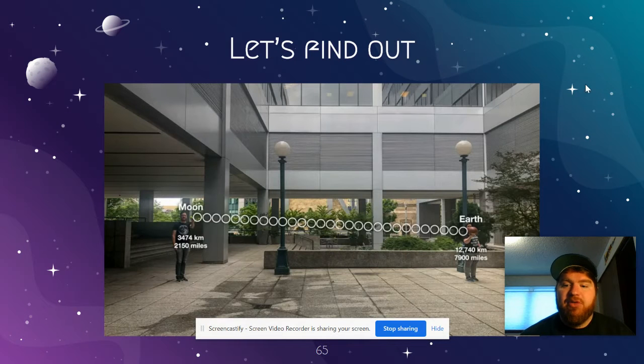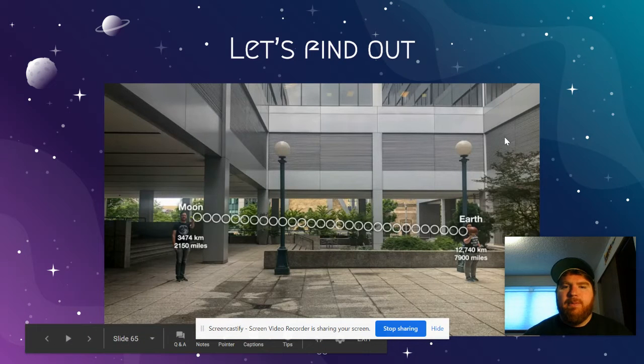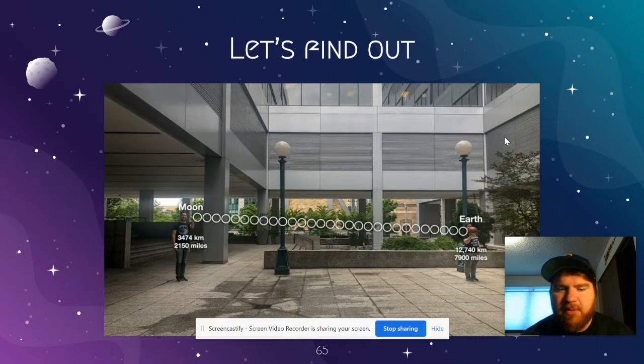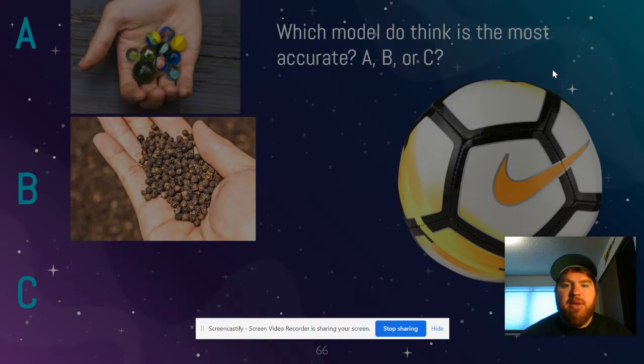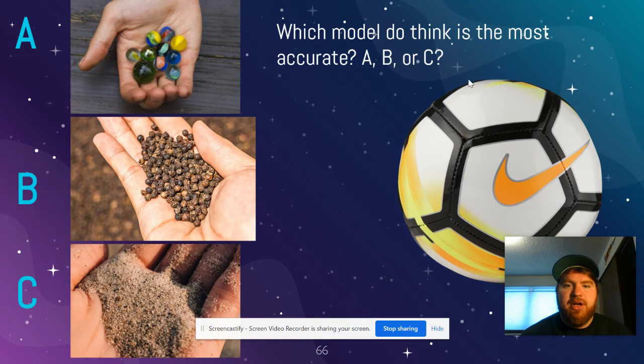It would be pretty far. So we often see drawings of the moon very close to the Earth, but it's far, though not nearly as far as the sun. The sun is much further and much bigger than us.